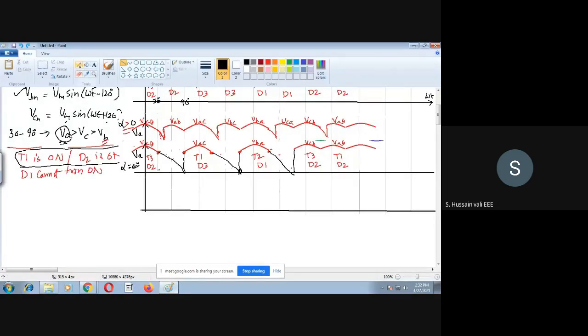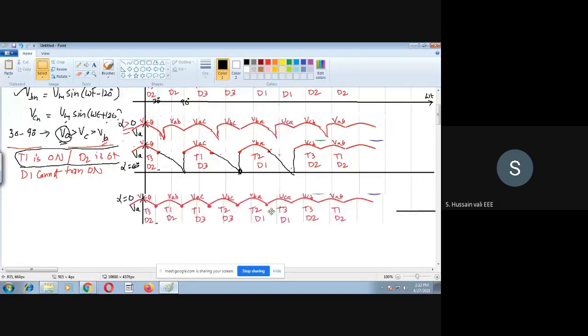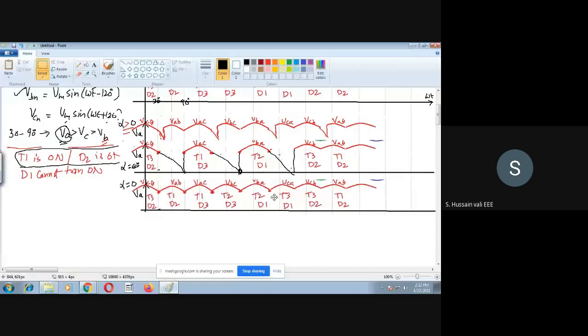One thing I will tell, I'll bring this here once again. So for alpha is equal to 90, I will draw now.